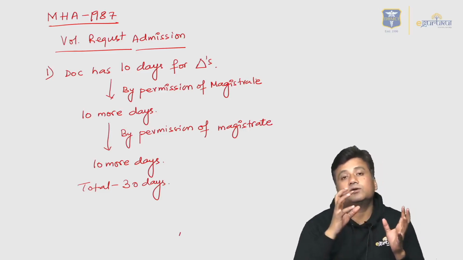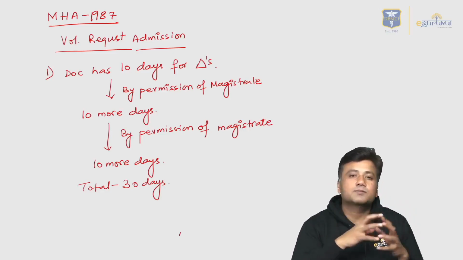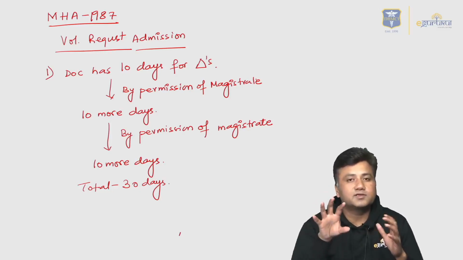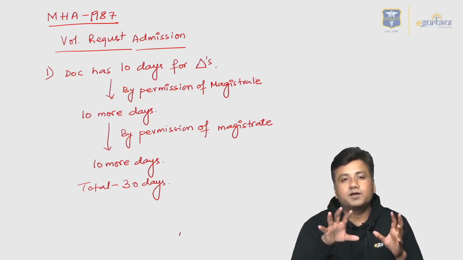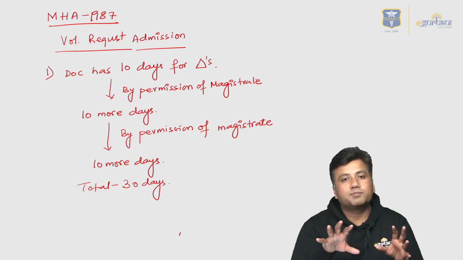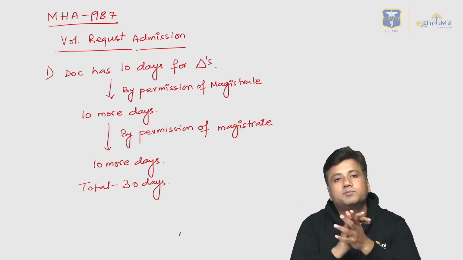So a doctor has cumulatively a maximum of 30 days to keep the patient in a psychiatric facility for making his primary diagnosis, failing which he cannot restrain the patient anymore. He has to let the patient go.